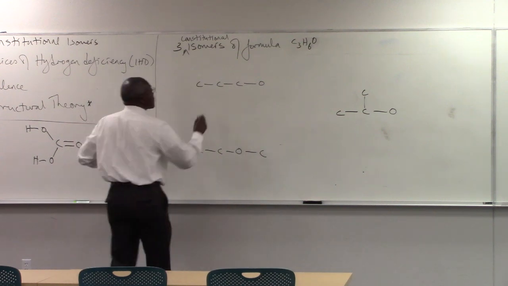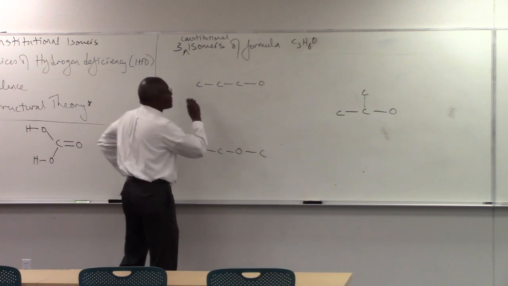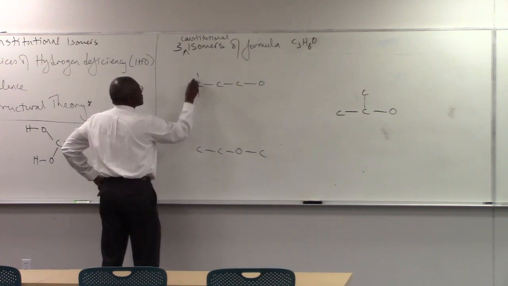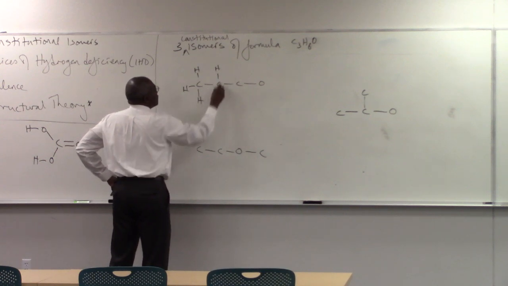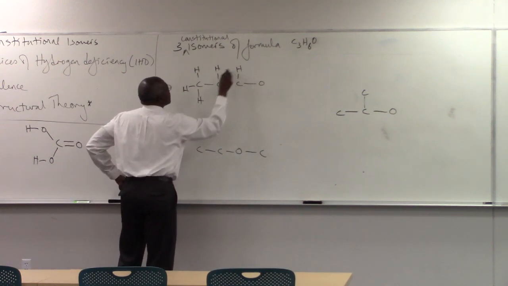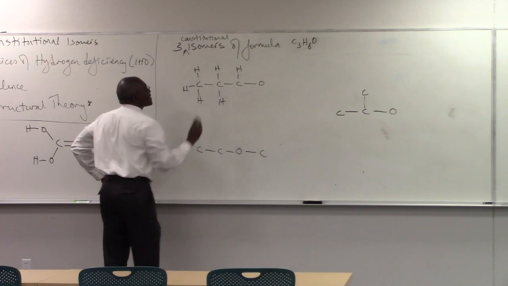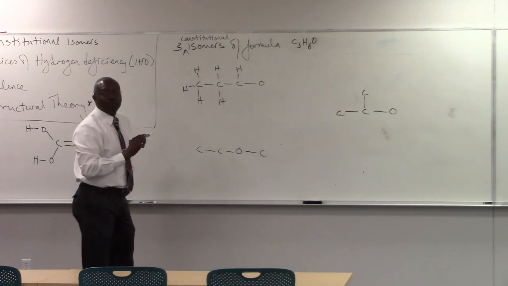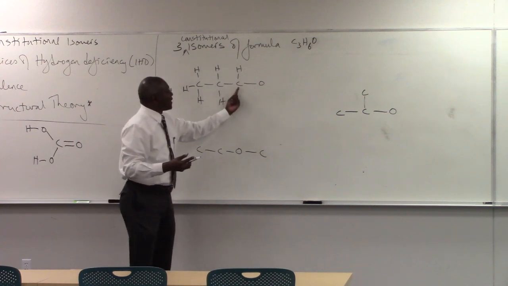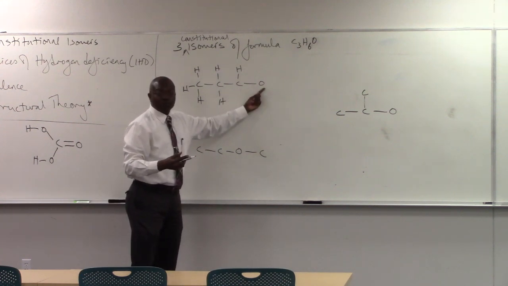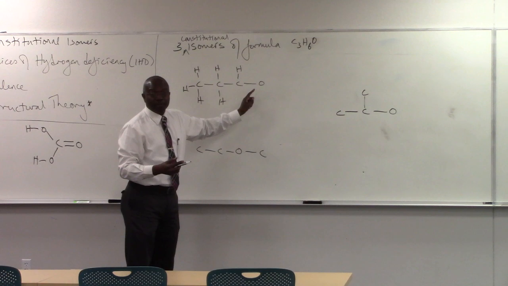Okay, so let's go ahead, and I've got 6 H's. Carbon is tetravalent, so I'm going to go 1, 2, 3, 1, 2, 1, so I've got 1, 2, 3, 4, 5, 6, and we're in trouble. Because I don't have enough H's now to complete the valence of this carbon or the O. So there's something funny here.